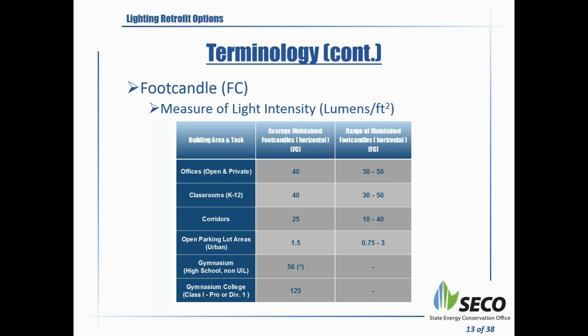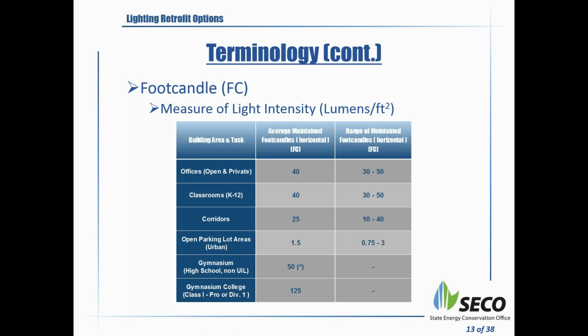For open parking lots in urban areas, the average foot candle requirement is about 1.5 foot candles, and you might see a range of 0.75 to 0.3 on a horizontal plane. In gymnasiums, in a non-UIL high school gymnasium, you will see around 50 foot candles expected.